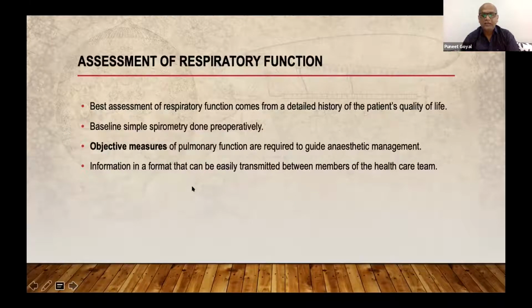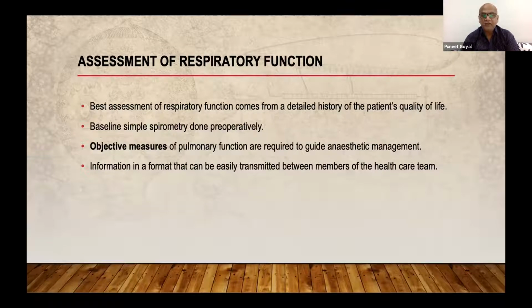The best assessment of respiratory function comes from the detailed history of the patient's quality of life. It can give you a detailed idea of how the patient's quality of life is and how much his needs are. And baseline simple spirometry, if done preoperatively, can also give you valuable information. Then objective measures are done for the pulmonary function assessment.